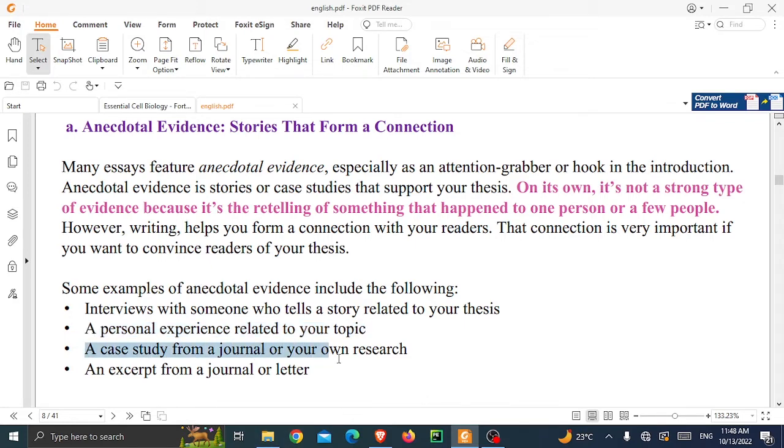We have a case study from a journal or your own research, where you're using a study in which someone studied something on someone else in your story, or something from your own research. And we have a story or an excerpt, I hope I said that correctly, from a journal or a letter or something like that.